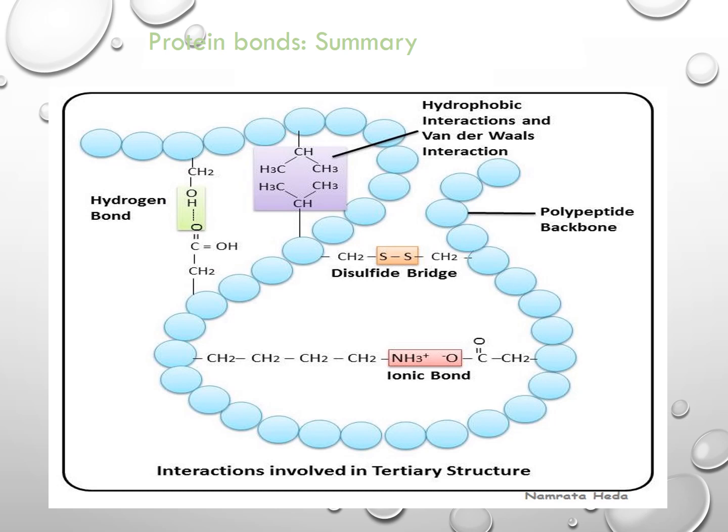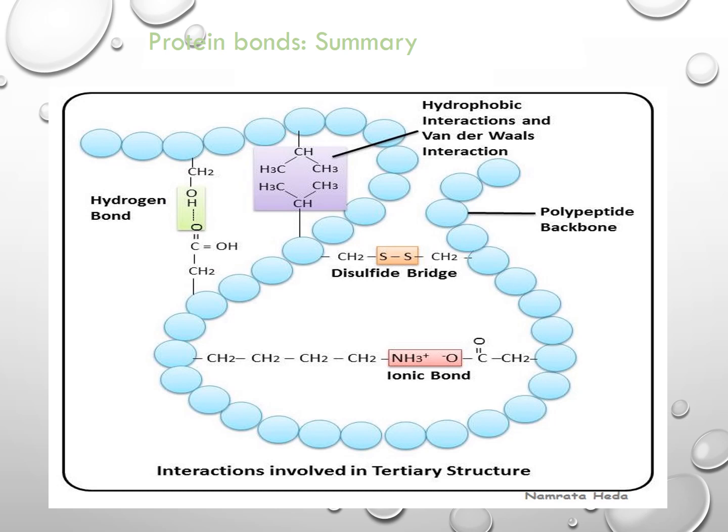In this figure, as you have seen, that is the protein molecule. It contains the hydrogen bond, disulfide bridges, ionic bond and hydrophobic interaction along with the peptide bond. Peptide bond is not shown here, but you have to assume that the circular blue structures are the amino acid molecules, and the peptide bond is present between two amino acids.